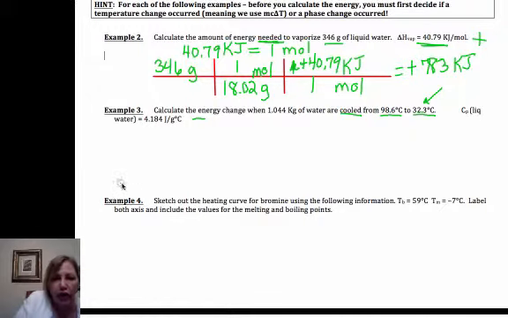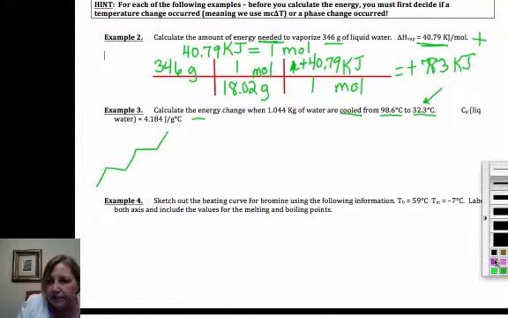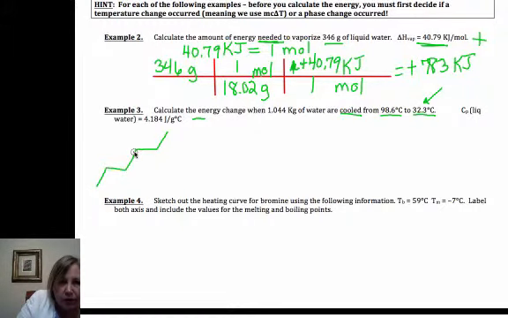It doesn't hurt to graph it out. Sometimes I'll do that. I'll go up, over, up, over, up. Those are my 5 segments. And then I kind of mark on my segments where I am. So I'm going from here, which is below the boiling point, to here. That helps me know that it's only one step.